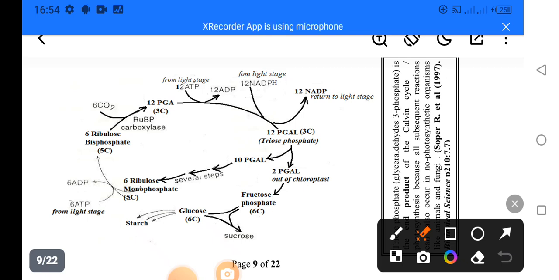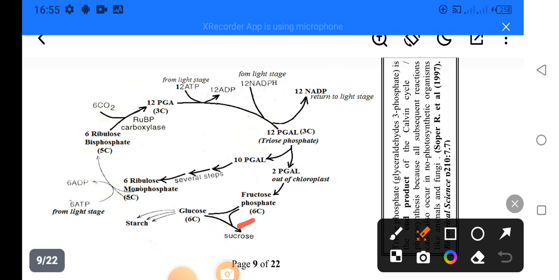We say that the Calvin cycle involves the 3 carbon cycle, or we have what we call the C3 plants. Now we are saying that when it reaches here it divides. Let me begin with here. These 2 carbons from the 12, the 2 PGAL, move out of the chloroplast and form what we call the fructose phosphate, which is the 6 carbon.